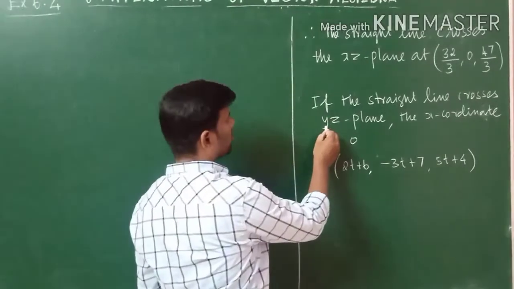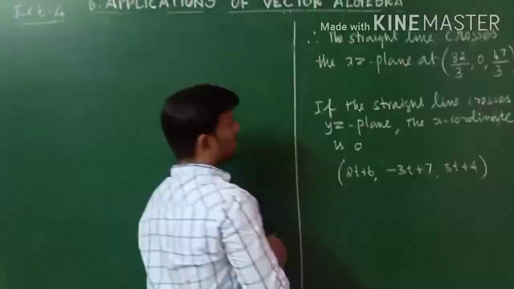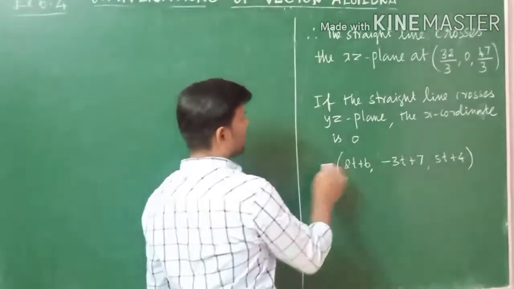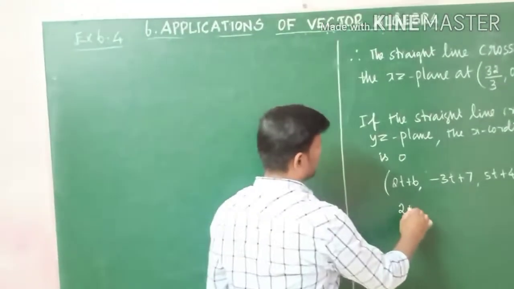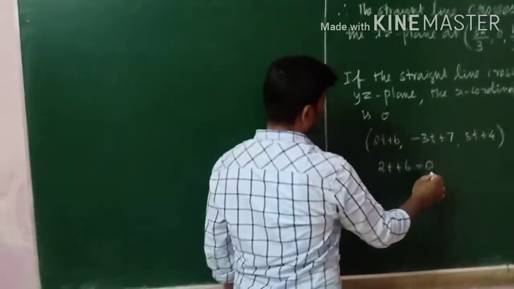If the straight line crosses the YZ plane, the x coordinate of the point is what? 0. So here the x coordinate is 2t + 6. So 2t + 6 is equal to 0.